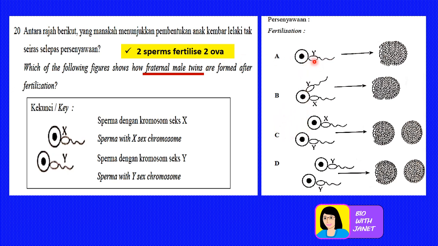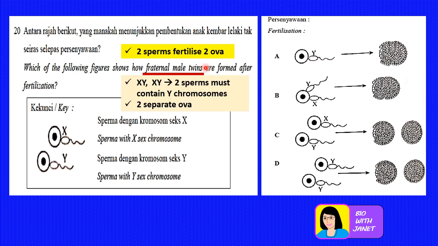The circle with the dot here is an ovum. So only C and D fit the bill. They have two ova each. Next, male twins. So male twins are formed when there is one X and one Y chromosome in each of their cells. For males, they have one X and one Y sex chromosome.